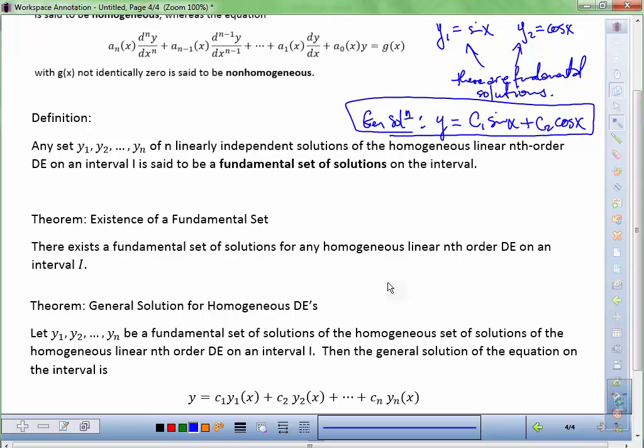Okay, we still haven't figured out how to find them, but we're kind of theorizing stuff right now, and then when we start finding these things, we'll put it together and string all these things up. So these concepts are just to help us prepare so that when we start finding these solutions, we can string them up together and find our general solution. Okay.